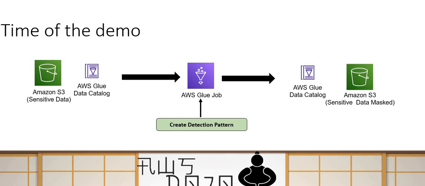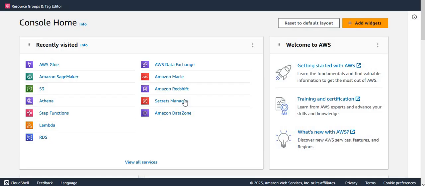What we are going to do today is build a demo where we will have some sensitive data in an S3 bucket, which we will detect using a custom detection pattern, and then we'll mask that data at the target location. So that's what we plan to do in the demo today. So let's go to the demo.